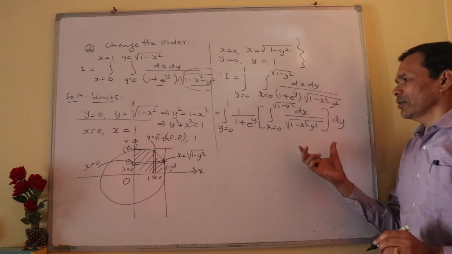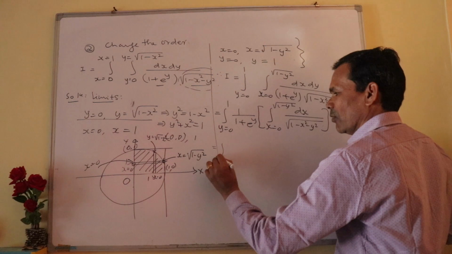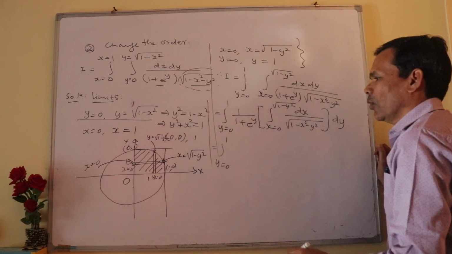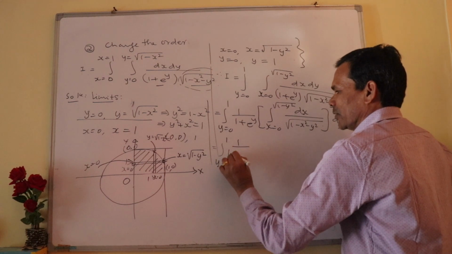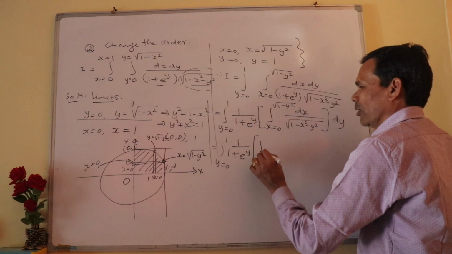So like this, we just integrate this part here. This is equal to y is equal to 0 to 1, 1 upon 1 plus e raised to y. I take this as constant for simplicity.